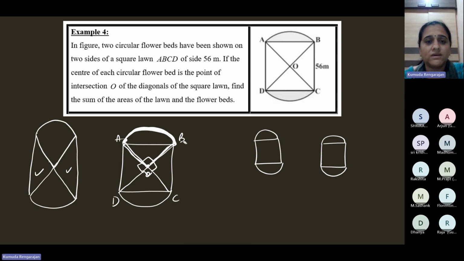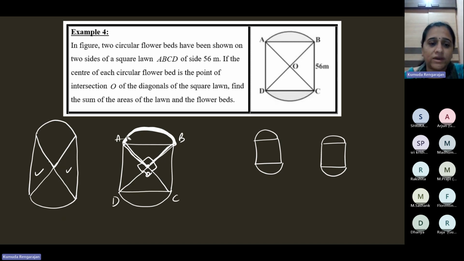OA and OB are the radii of the circular flower bed. Now OA is a part of the diagonal AC, or OB is a part of the diagonal BD.